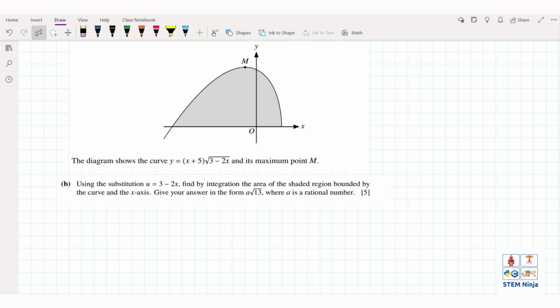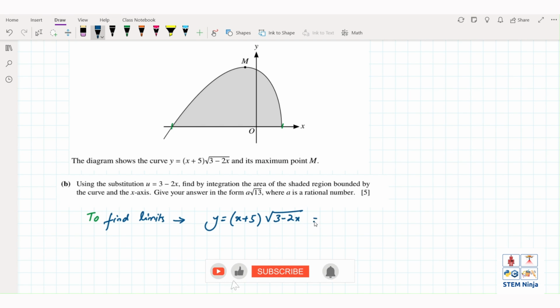So first things first, we need to know the limits. We don't know the limits first, so we need to find out the limits. So to find the limits, we put x plus 5 root 3 minus 2x equal to 0, or just like this thing equal to 0.